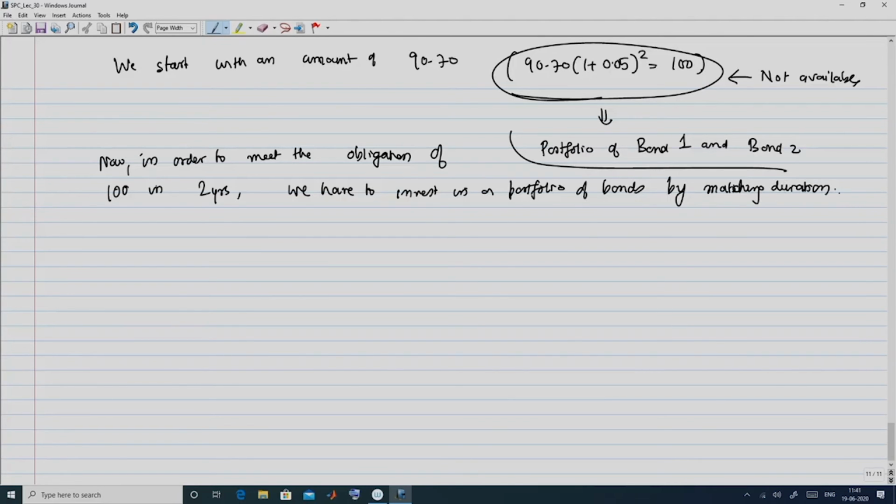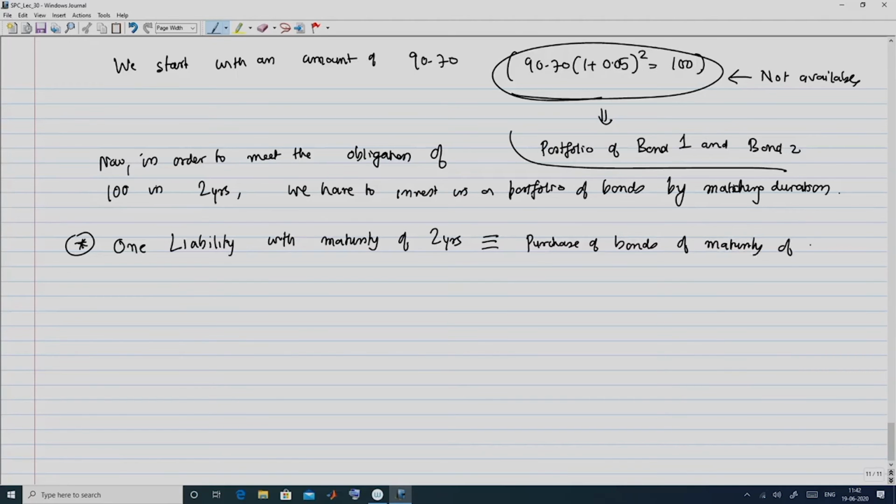So, we have already seen that the duration matching has to be done. So, this means that in order to put this in more specific terms, one liability with maturity of 2 years must be matched by purchasing bonds of maturity of 1 year and 4 years.